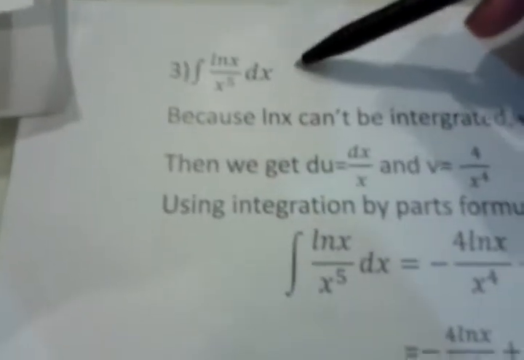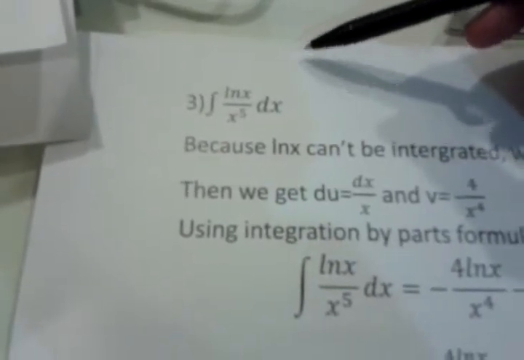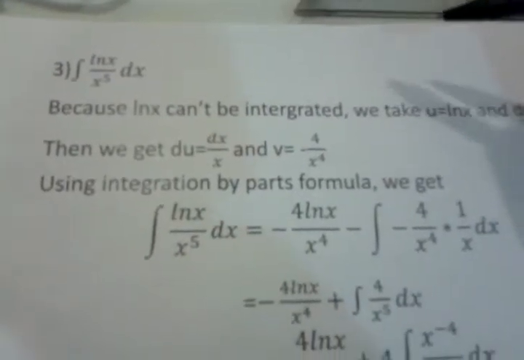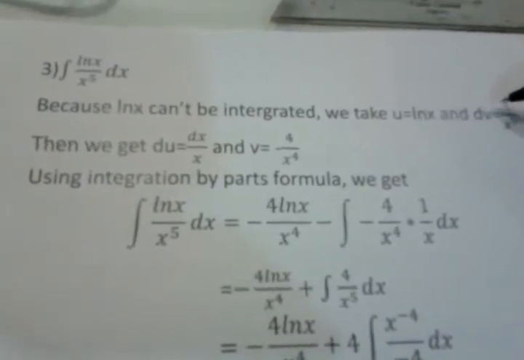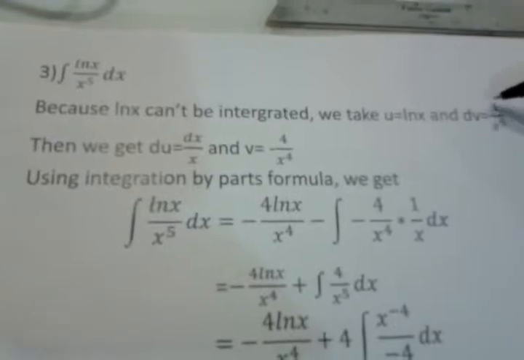Now, the third question is ln x divided by x to the power of 5. We will integrate this. Because ln x cannot be integrated, we will take u equal to ln x and dv equal to 1 over x to the power of 5.